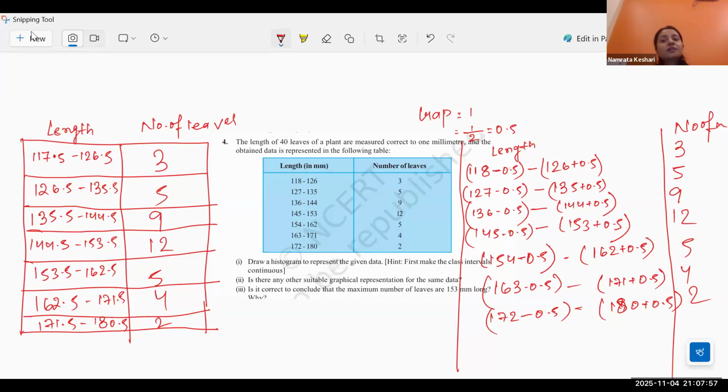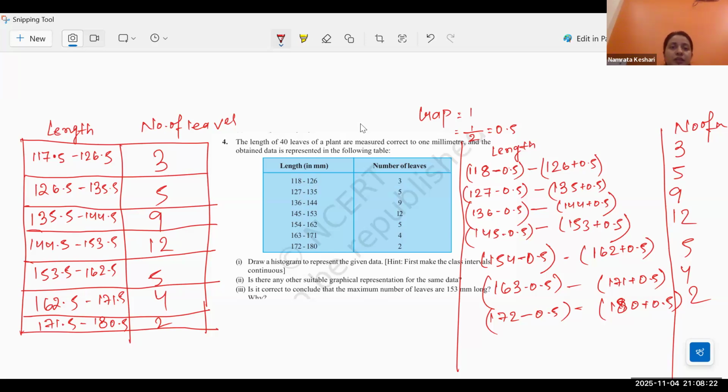But you may get such a question where the data is not continuous and class sizes are not the same. Please make the data continuous first and then work on the extra columns, and just go ahead like the previous questions. That question will definitely give you 5 marks if you get it that way.